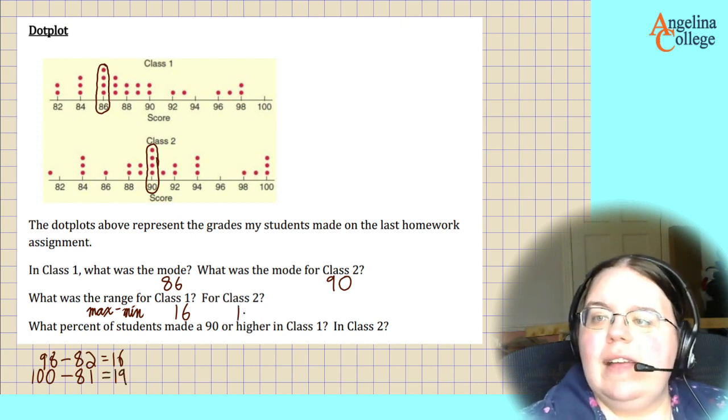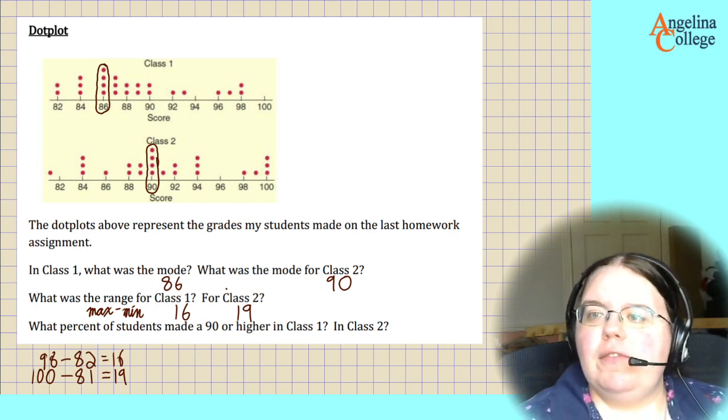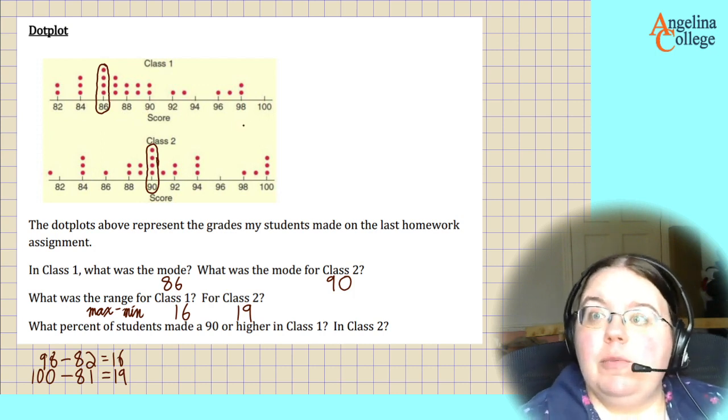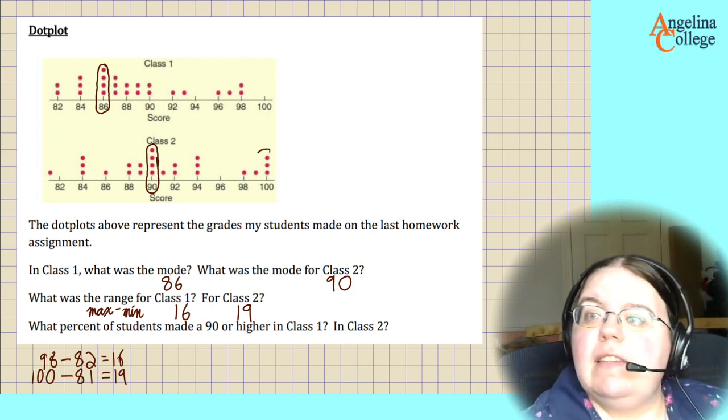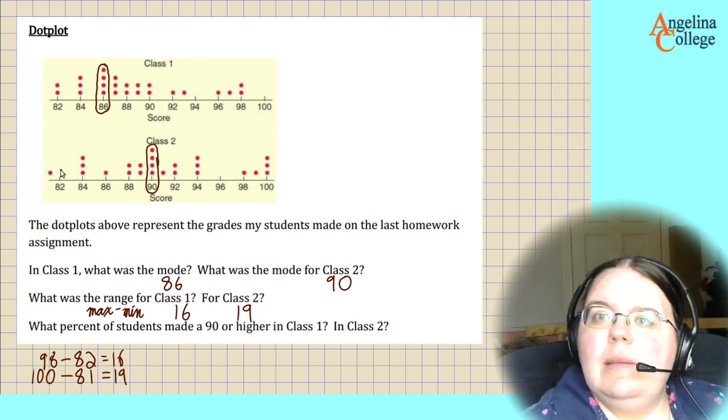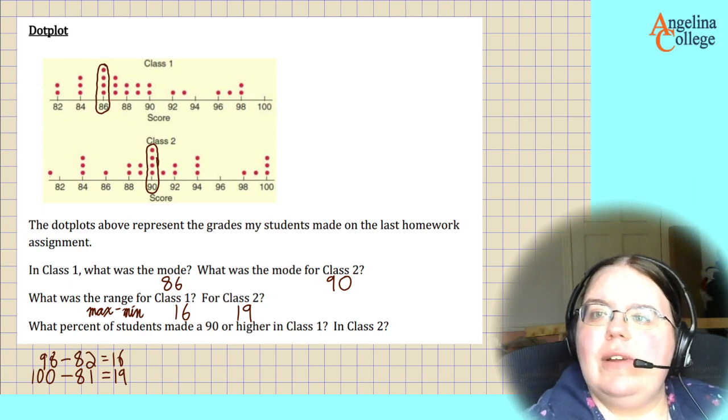So the range for class 2 was 19. So that's interesting. The class 2 students spread out across a wider range of scores. Not that much wider, but a little bit wider. And they spread out in both directions, because some of the class 2 students did better than anybody in class 1. But then one of the class 2 students did worse than anybody in class 1, so that's interesting.